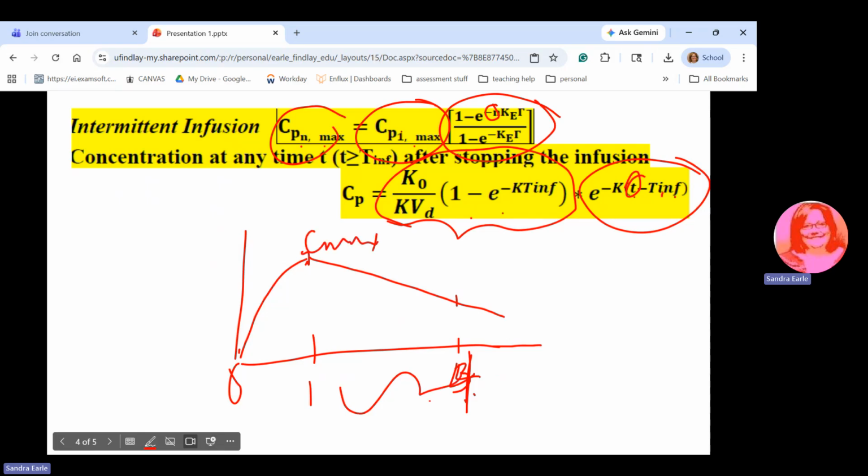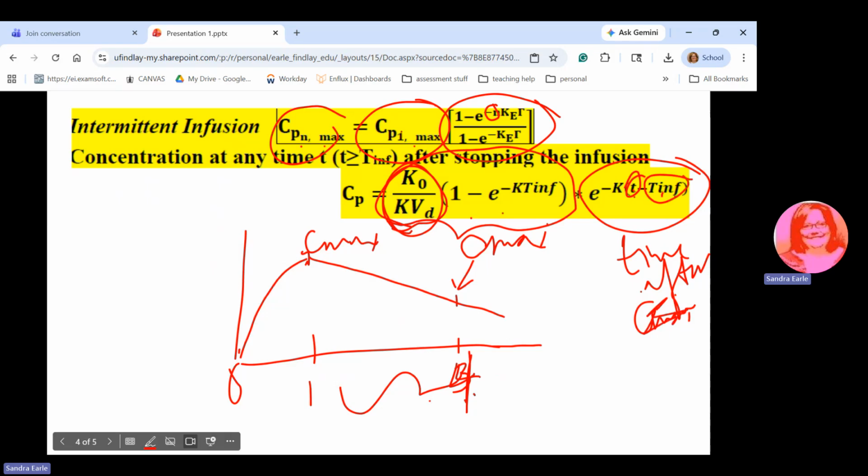Cmax to the time we want to know here, T. See, this is CSS average, this is Cmax, and then this is whatever time after Cmax, or after the infusion. Actually, it's after the infusion because they're subtracting this time of infusion here.